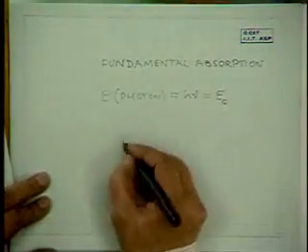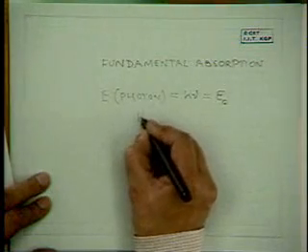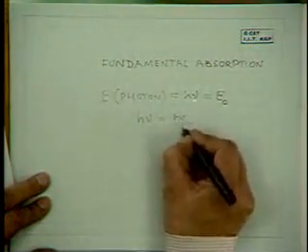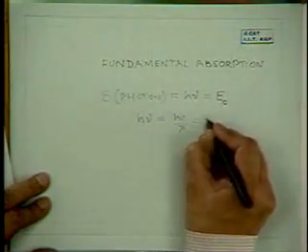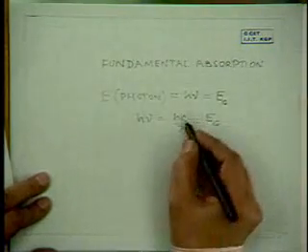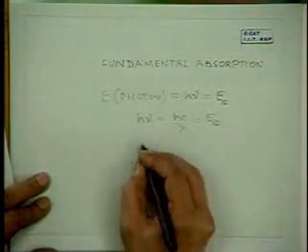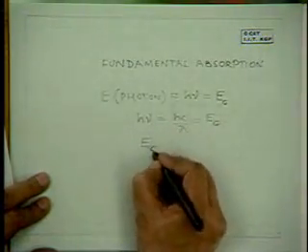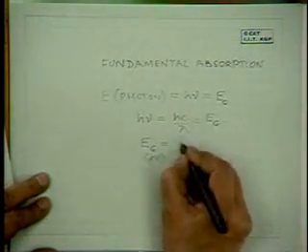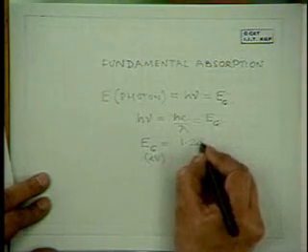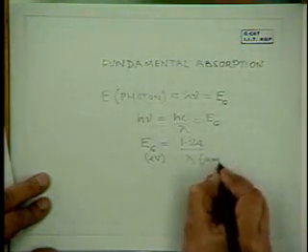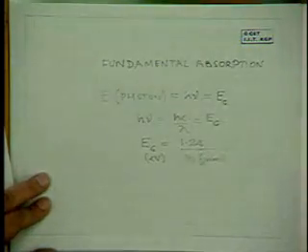Now we know that h nu can be written as hc by lambda is equal to Eg, and if we put in the right values of h and c, we get the relation that Eg in electron volts is equal to 1.24 by lambda in microns.